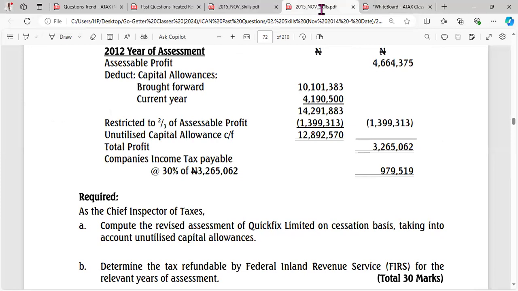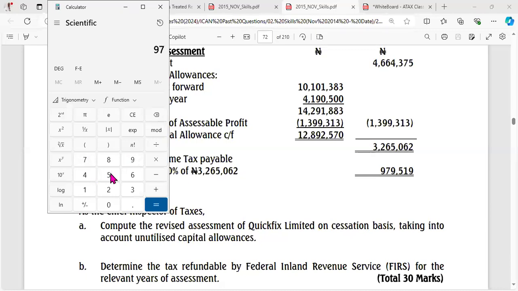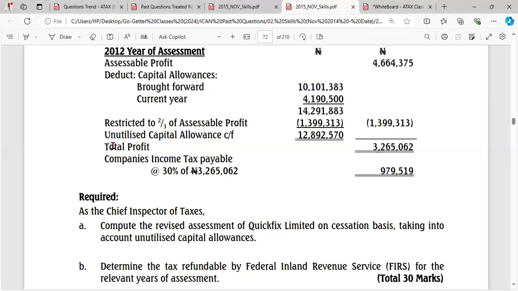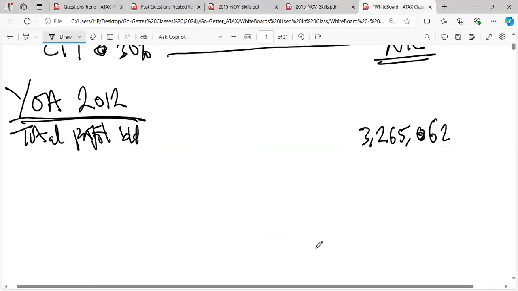Another way of doing this is to have done it this way. If we say 979,519 divided by 0.3, we would have gotten the same thing we have here. So instead of going through that long process, go to the total profit that you have before your tax was computed, and you bring it in here.